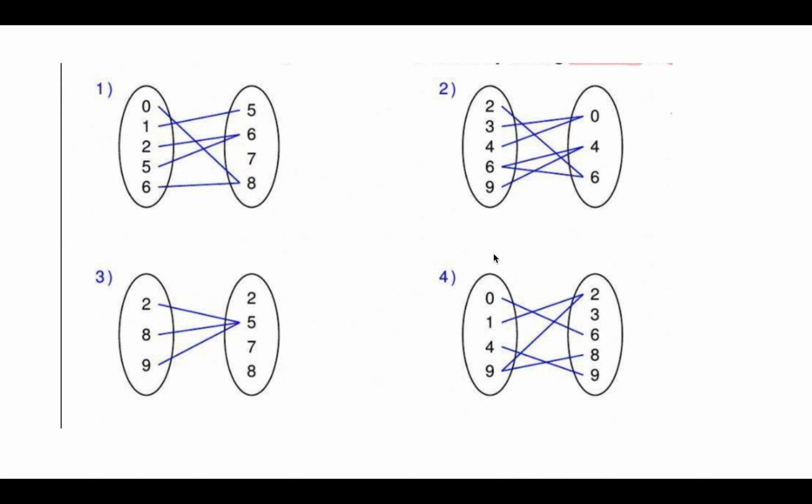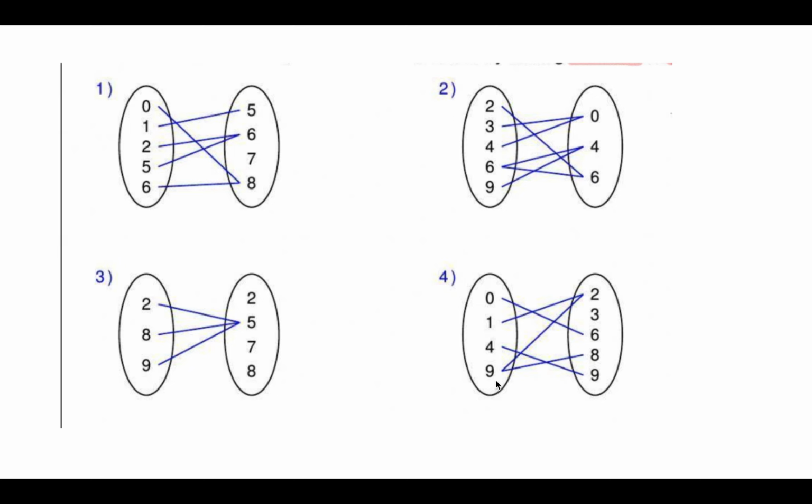There are four elements in the first set, and there are 5 elements in the next set. Like 0, 1, 4 and 9 are the elements in the first set. We'll see every element in the first set has an image in the set B, I mean the next set. 0 has an image, 1 has an image, 4 has an image, and 9 has an image. We'll also see whether they have more than one image in the next set. 0 has only one image, 1 has one image, and 4 has one image.